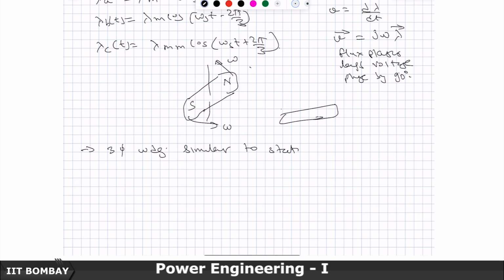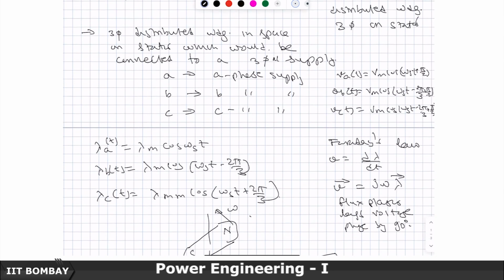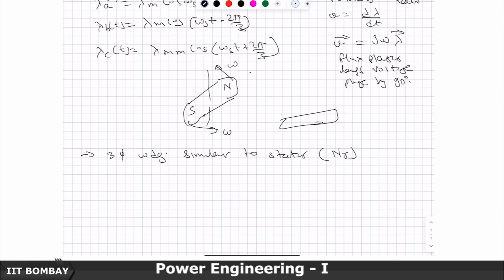Say if the stator 3-phase winding in space has NS turns, then this would have NR turns, similar to the stator and mounted on the rotor and short circuited.